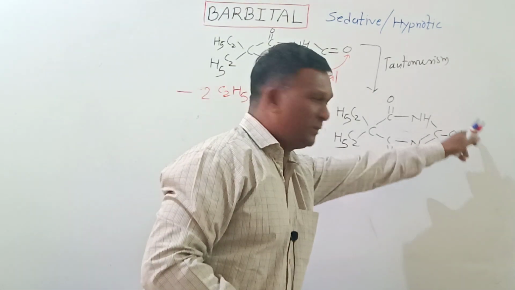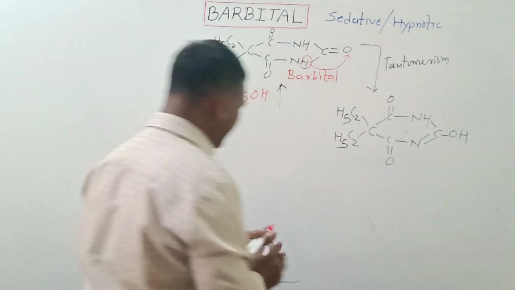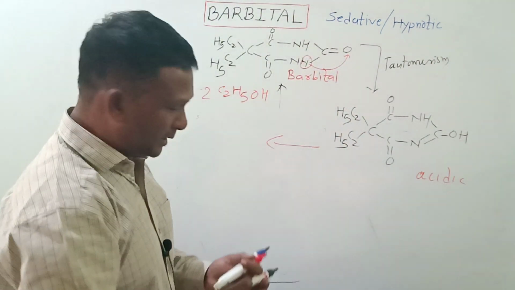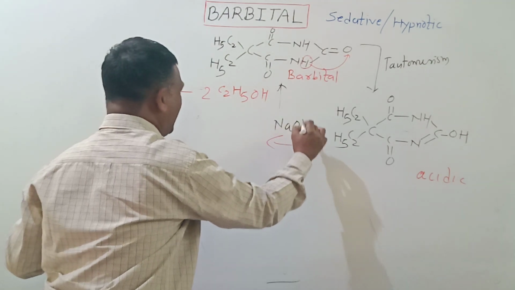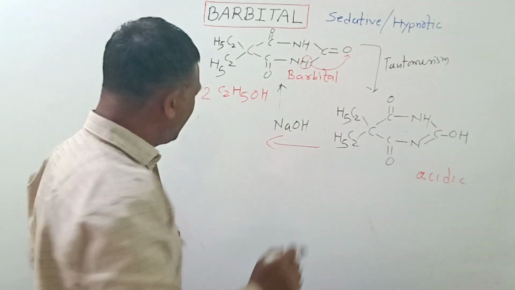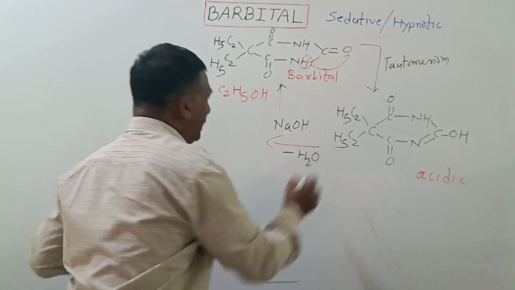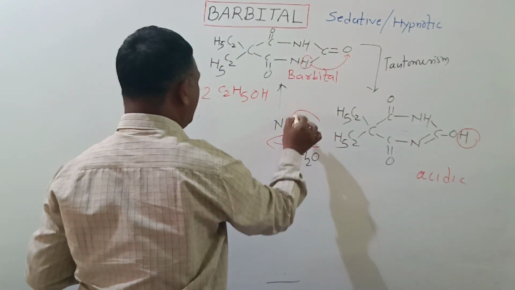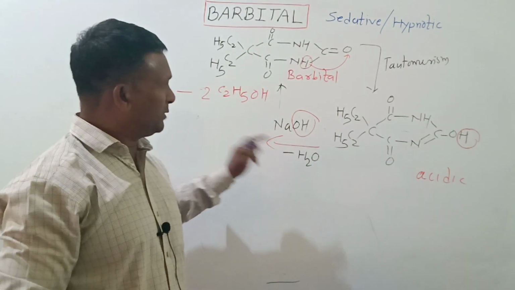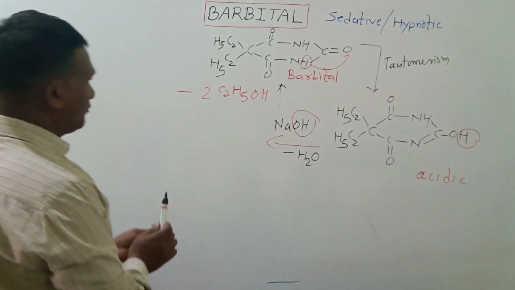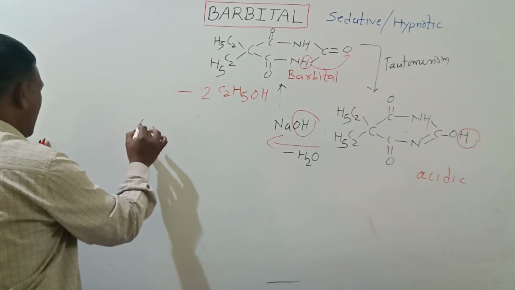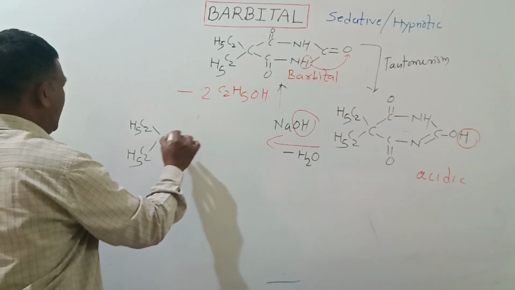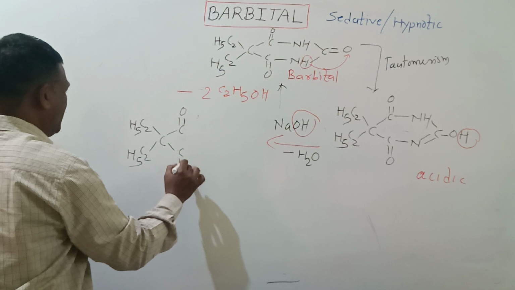Now, due to the presence of this hydroxyl group, this compound is acidic in nature. So when this is reacted with a base like sodium hydroxide, there is an acid-base reaction. There is removal of a hydrogen from here, and this hydroxide combines to form a water molecule, and we get formation of this very important salt, which is called barbital sodium.